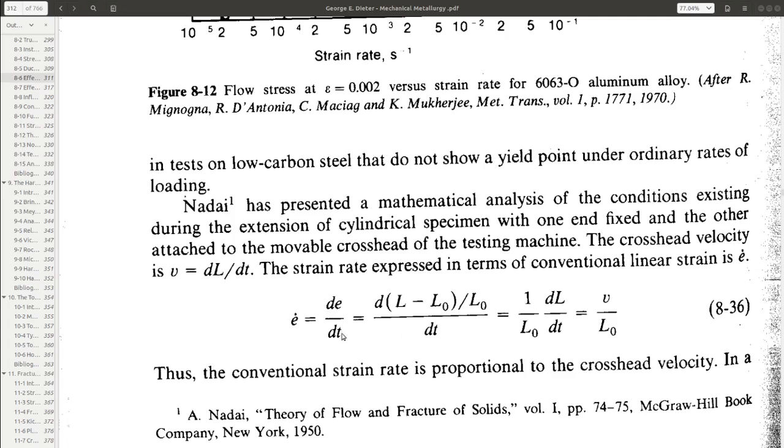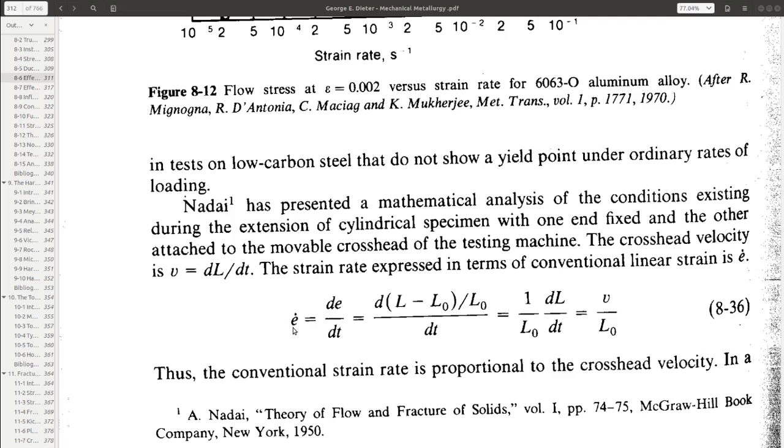So in order to maintain the conventional strain rate constant, all I have to do is maintain V, the crosshead velocity, constant. By doing that I can achieve e dot constant.